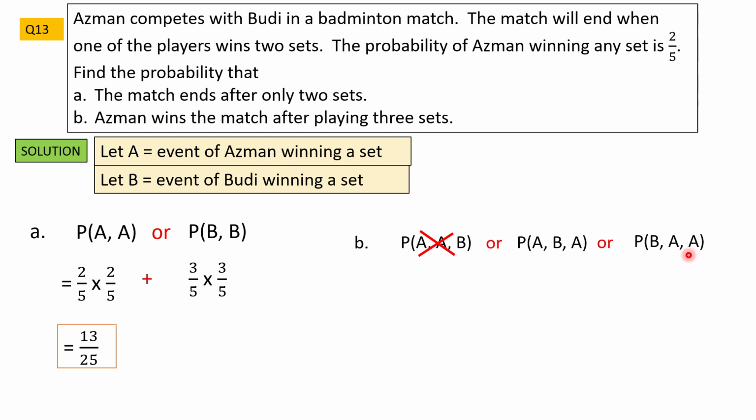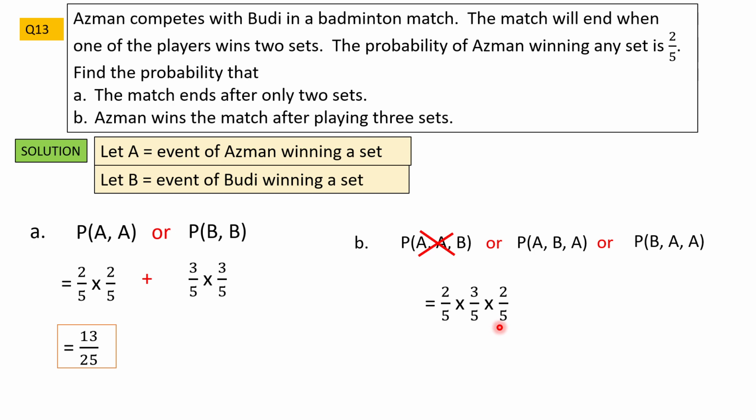And for this event Azman will win the match. So here we have 2 possible outcomes so that Azman wins the match after playing 3 sets. The first outcome A, B, A, that means probability A 2 over 5 times probability B 3 over 5 again times probability A, that is 2 over 5.